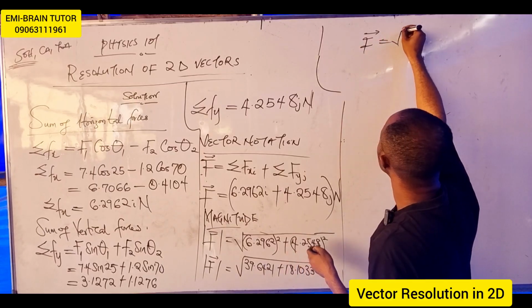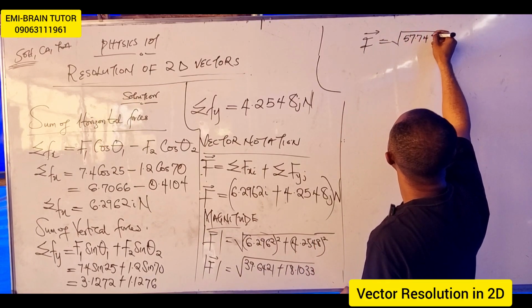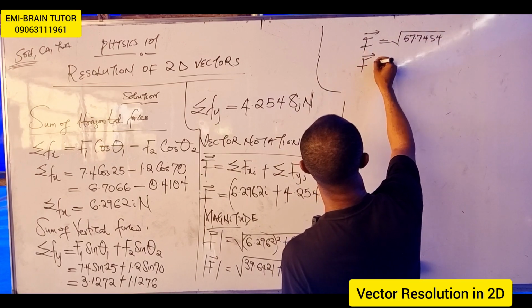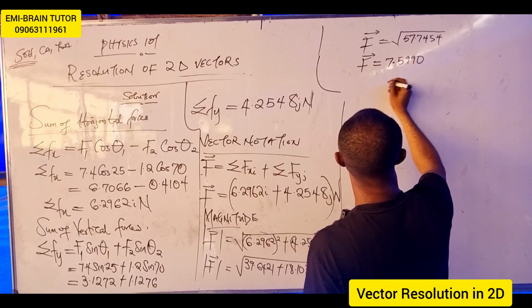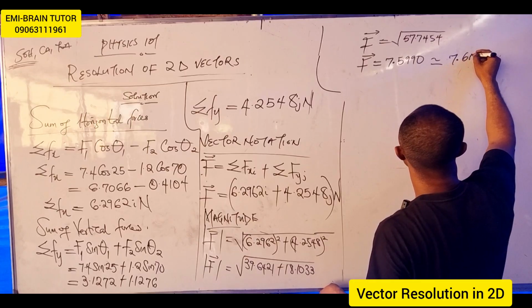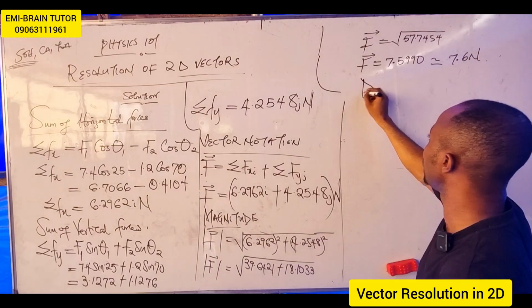Square root of 0.7454. What is the final answer here? 7.990. So I can say this is the same as 7.6 Newton, right?